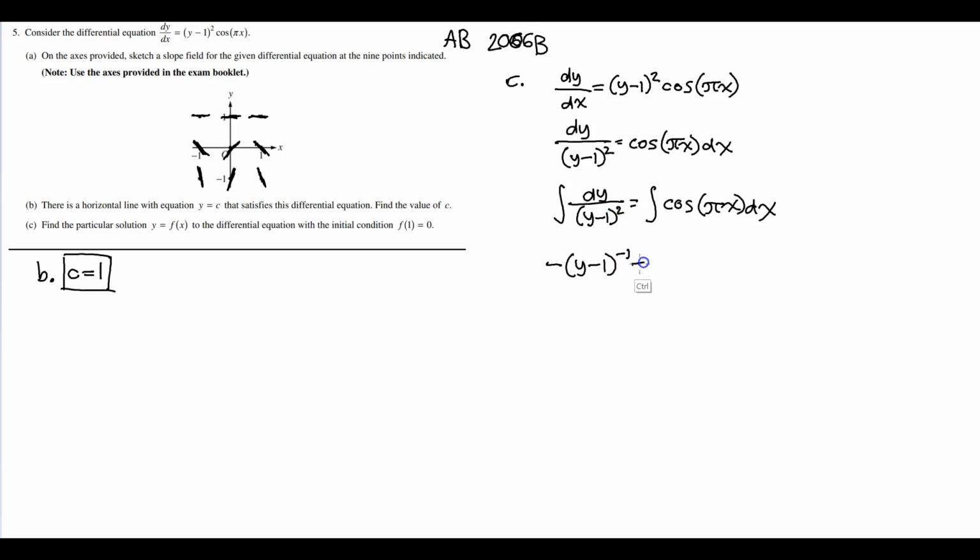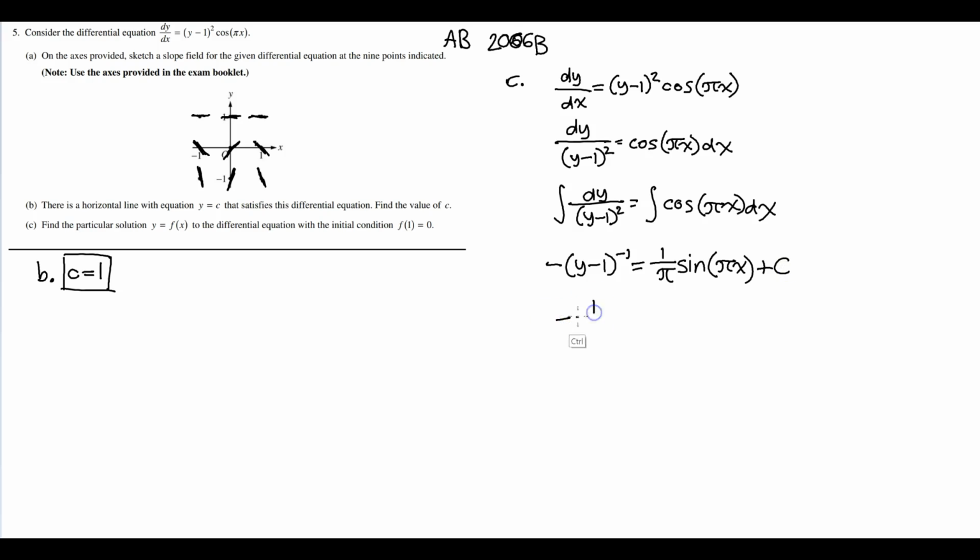That equals the integral of cosine, which is sine. If we let u equals pi x, then du equals pi dx, so we need to introduce a 1 over pi, and you need a plus c over here.